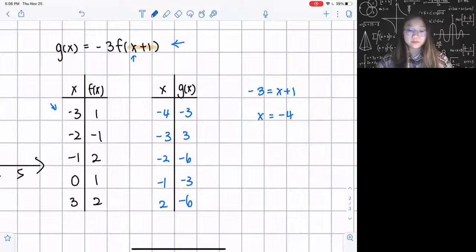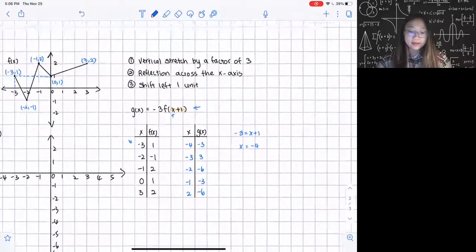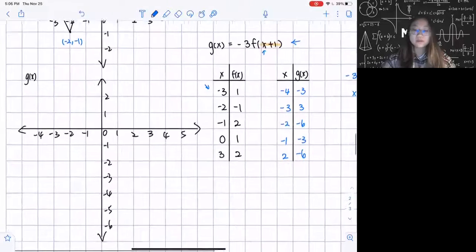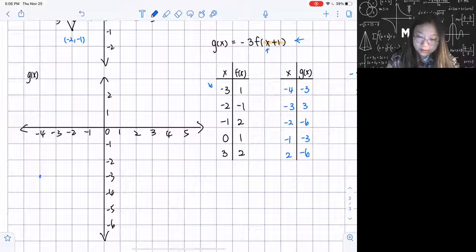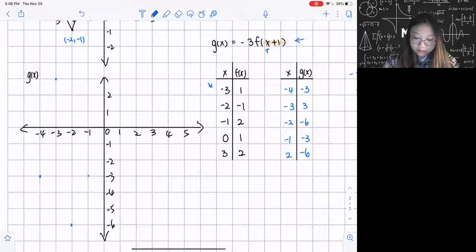So now let's move on to the easiest and last step, which is plotting those points and making a graph. So -4, -3. It's over here. -3, 3 here, -2, -6 over here, -1, -3 over here, and 2, -6, which is over here.